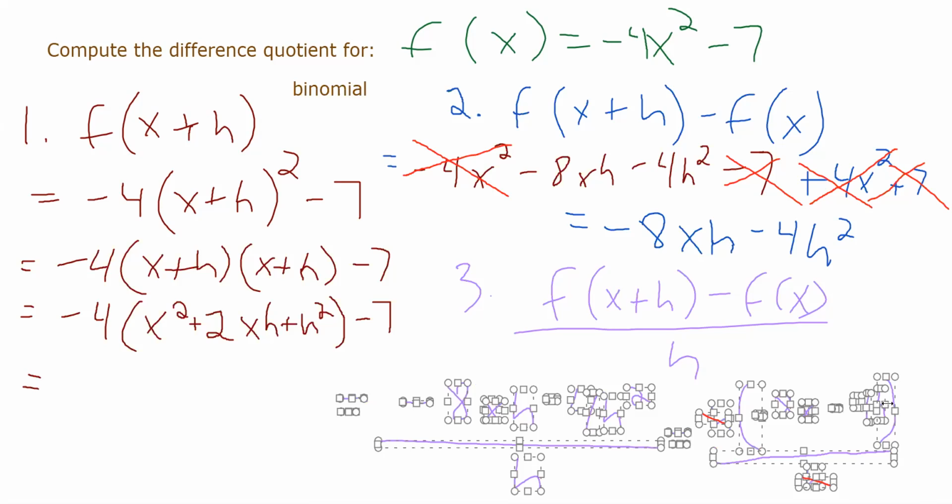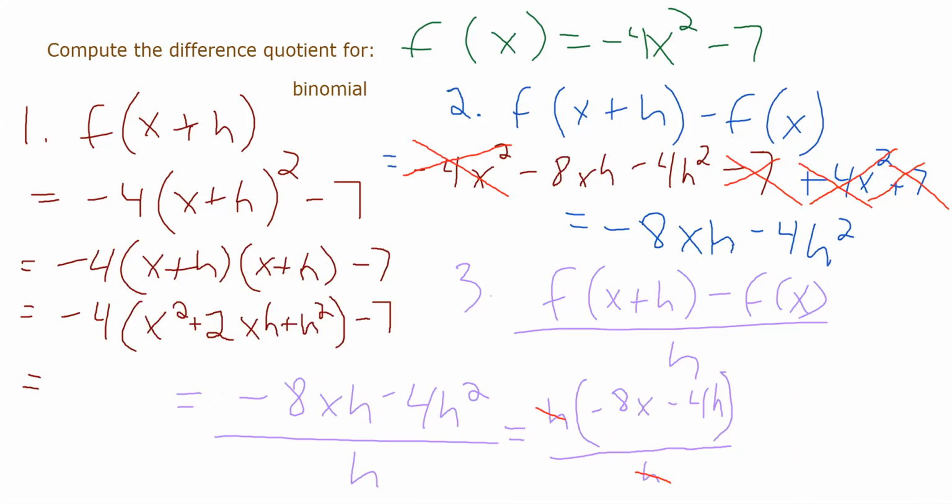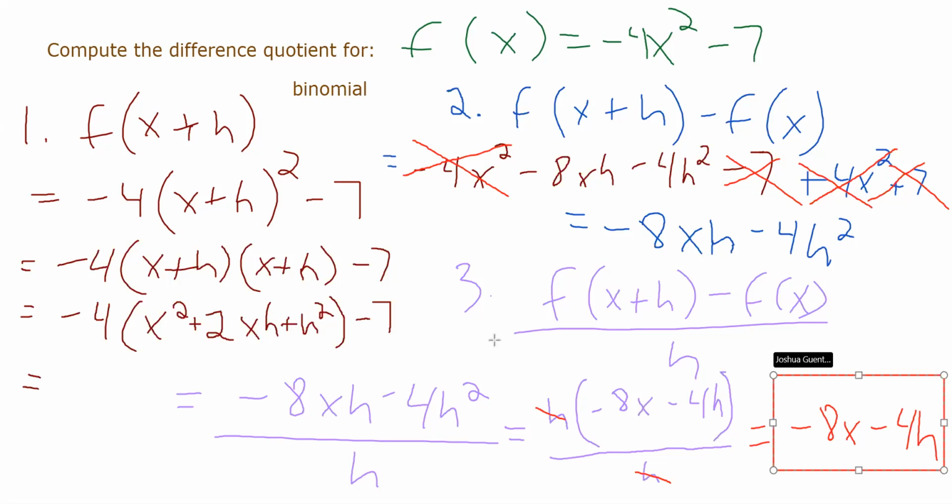That is exactly what we're going to want. So all you're left with is this business on the inside here. Negative 8x minus 4h. And you're done. That is the final answer for this.